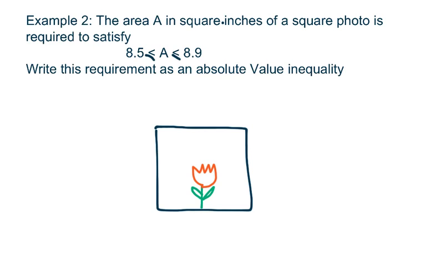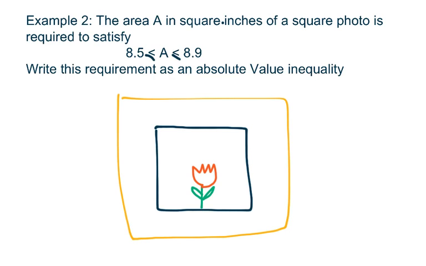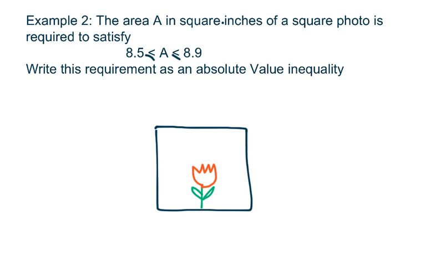If they're bigger than 8.9, they're not going to fit into a certain frame, or the customer isn't going to be happy. But if they're too little, less than 8.5 square inches, the customer is not going to be happy there either.